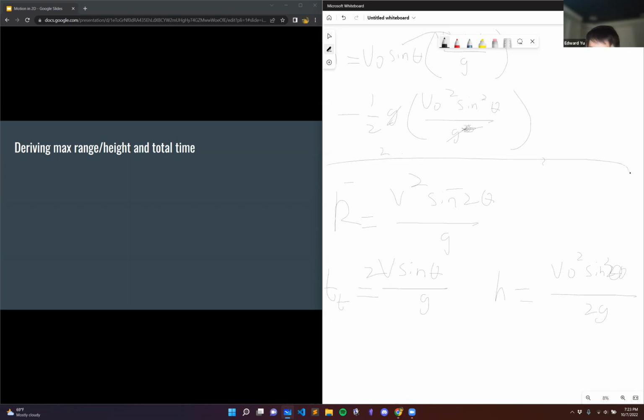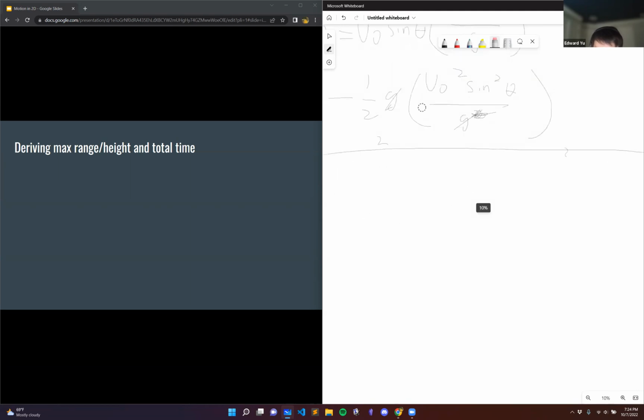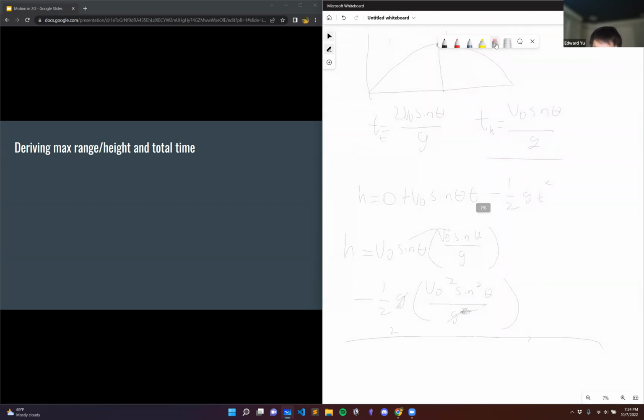So these are the equations you get when you divide them. Okay, so now we'll do some questions about projectile motion.